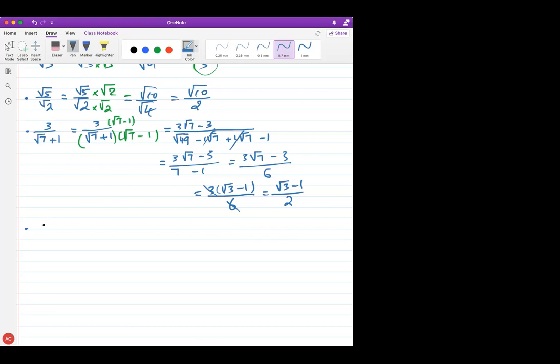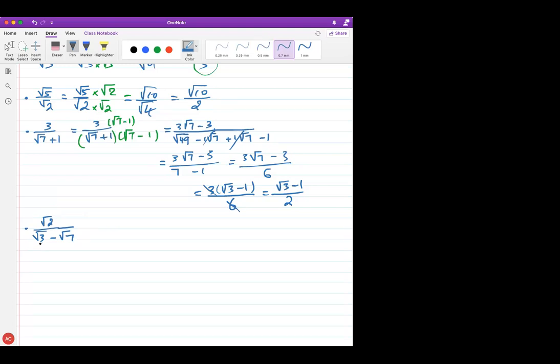Let's do the last example here. Okay, let's do, for example, radical 2, radical 3 here, plus or minus radical 7. Okay, we want to rationalize this whole thing.